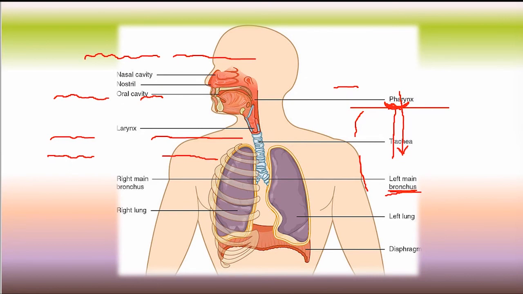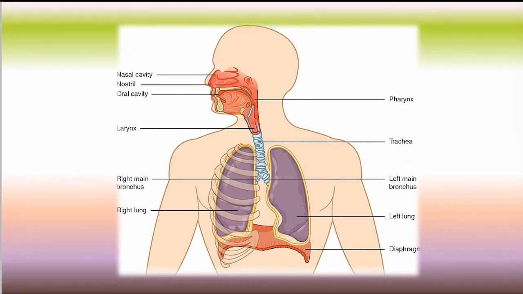From this picture, we can see the heart is located here. So that's the meaning about the heart. The trachea goes from here to here. That's the trachea. So that's the location: in the center of the body, upper part of the chest, above the heart.